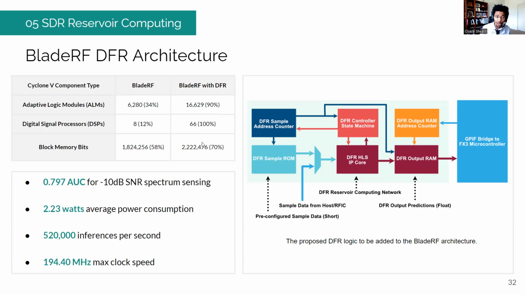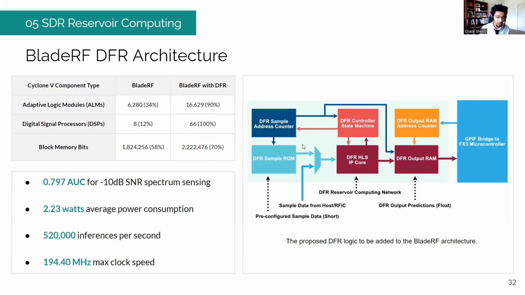The digital signal processors are all used here since we're using different floating-point arithmetic. And also probably the least impact was on the block memory. So there's not a lot of data that's being stored in the actual high-level synthesis core. Most of these block memory bits are contributed from the initial BladeRF FPGA architecture.